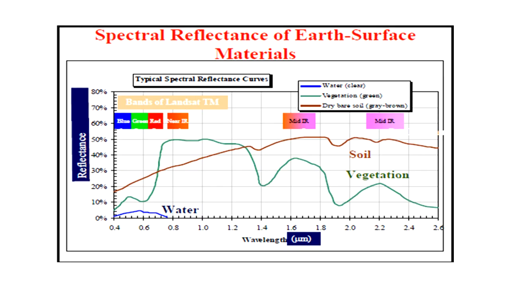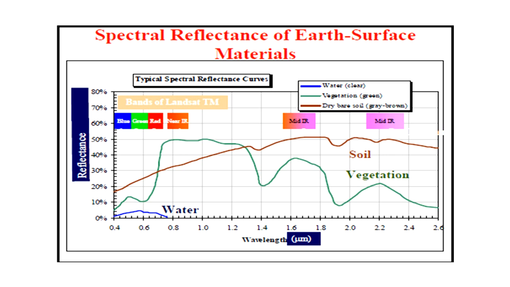So here is the graph, and this is the spectral reflectance of the Earth's surface material. In this example, only three materials are given, that is soil, vegetation, and water. But as you know, there are different types of soil, different types of vegetation, different types of water also.